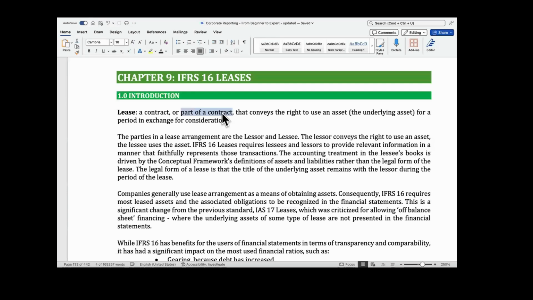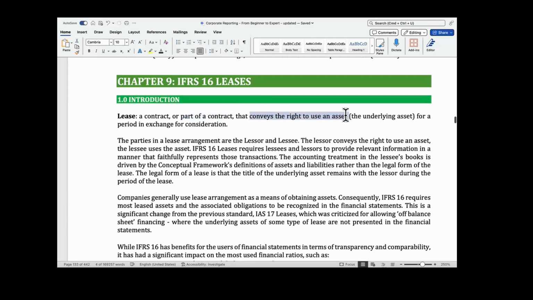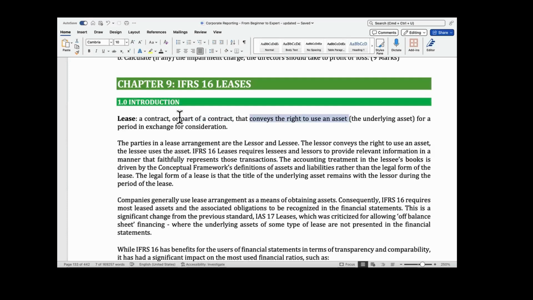So this contract, or part of a contract, is a lease if the words of that contract, if the spirit of that contract, is that it conveys the right to use an asset for a period in exchange for consideration, which means that contract must state that someone has conveyed the right to use an asset.